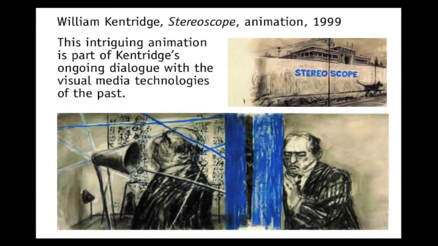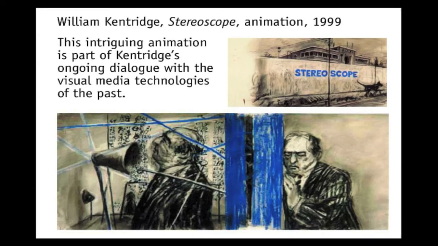There would be another really interesting piece that I'm just passing on to you. So if you have never seen William Kentridge's animation Stereoscope, check it from YouTube. It's there, the whole thing. And this is a very interesting piece because it is not exactly a stereoscopic picture and animation.